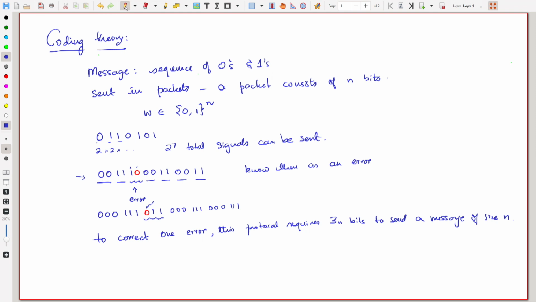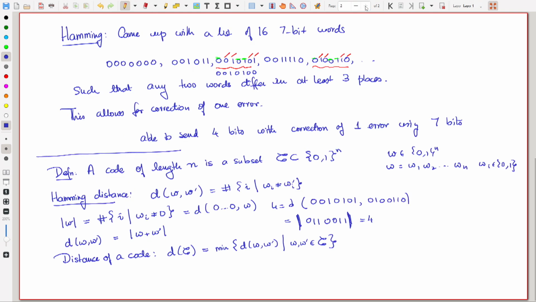So what is the idea now? You want codes which are large and which have large distance, right. So, saying that the distance is more is putting a stronger constraint. If you say that a code has distance, I guess here I should say w not equal to w prime, because obviously if w is equal to w prime, then the distance is 0, right.